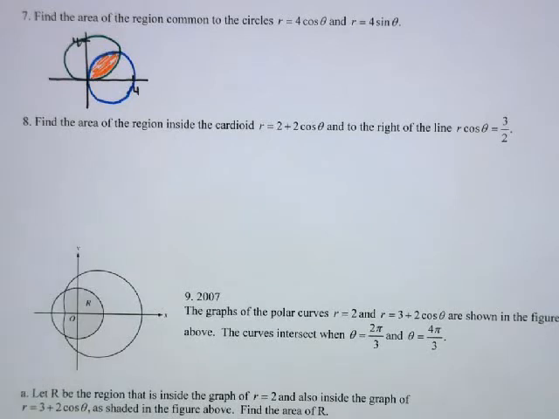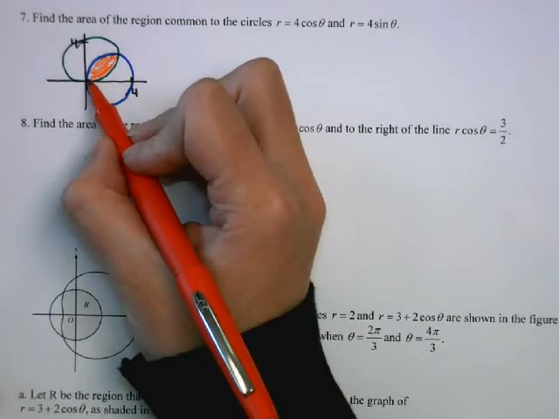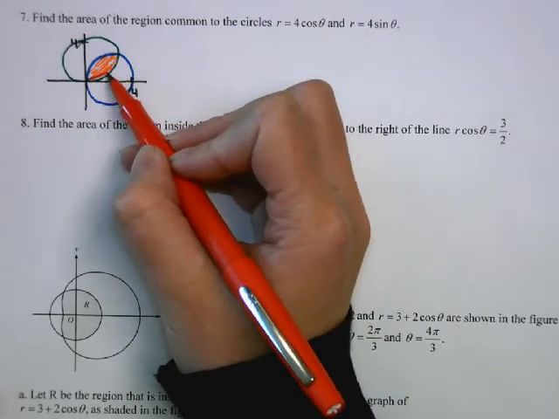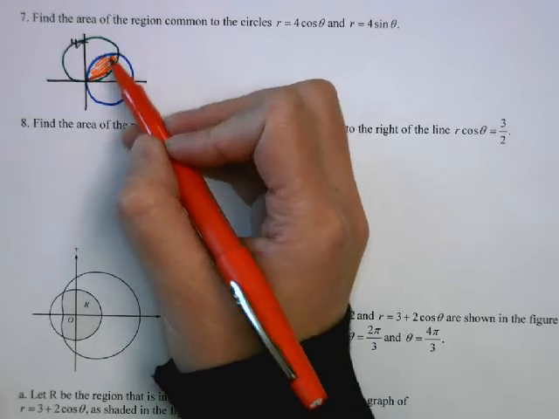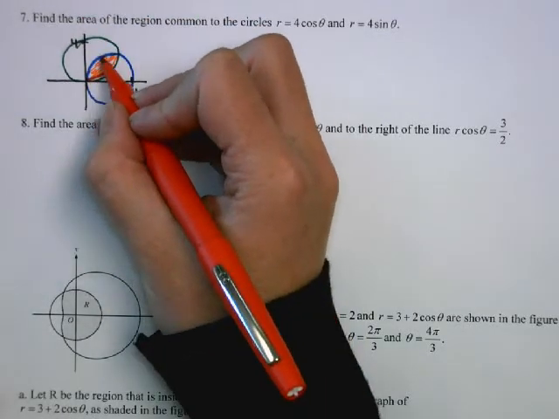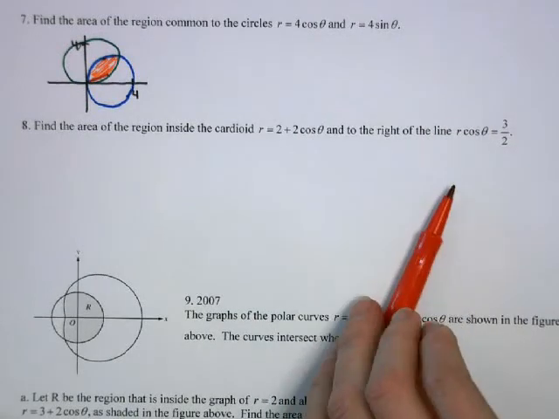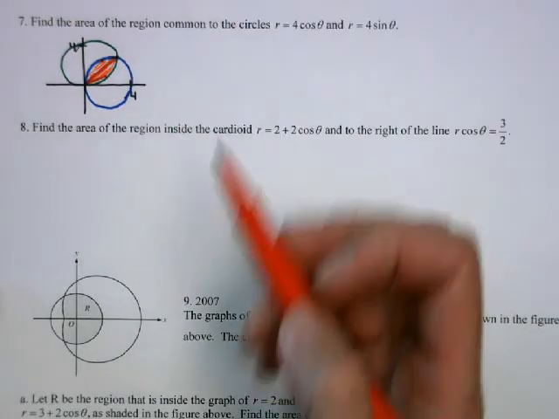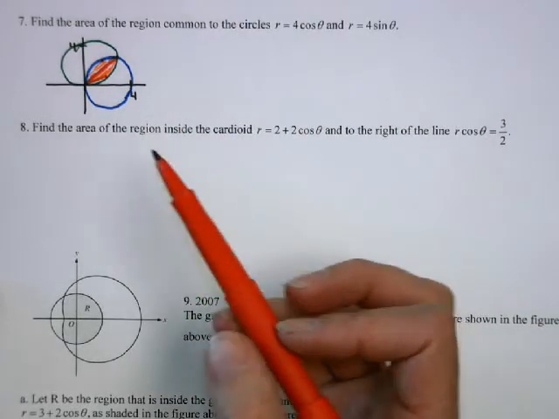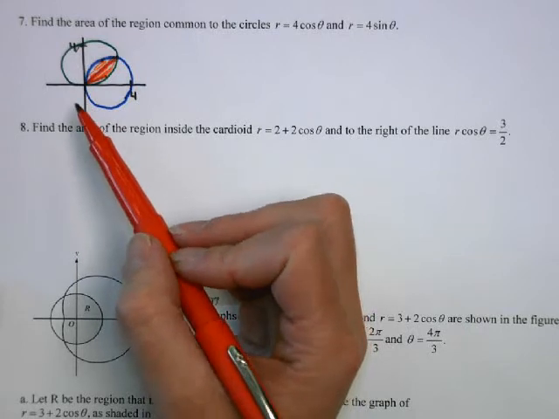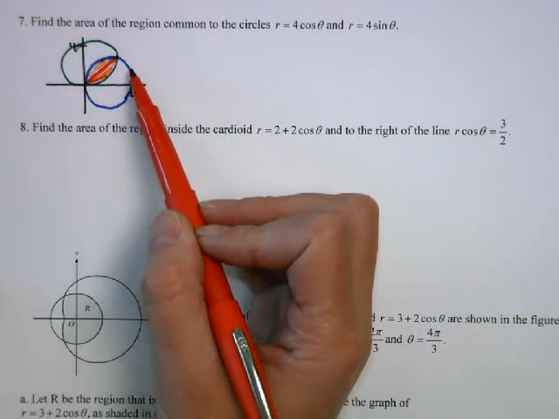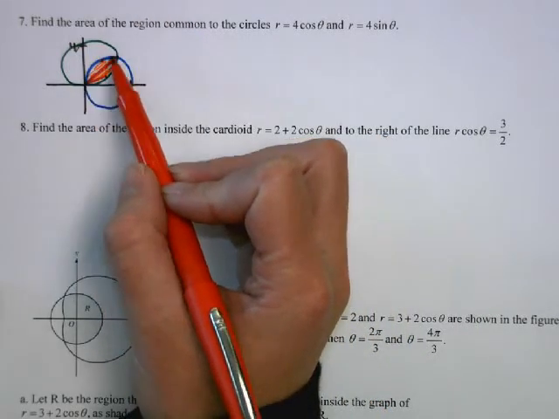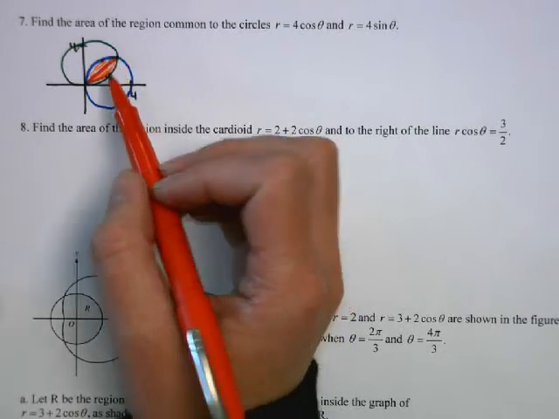If you look at it, if I do my cross sections from the center out to the edge, the only thing we hit is, in this case, the green one, which would be the cosine, or if I go from here to here, we hit the sine. So what we're going to do is split this, and you can either do the integral from 0 to pi over 4 of this one, or from pi over 4 to pi over 2 of the cosine one.